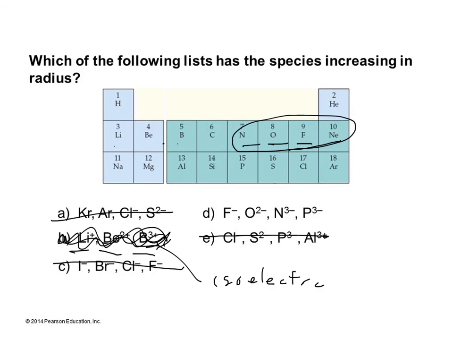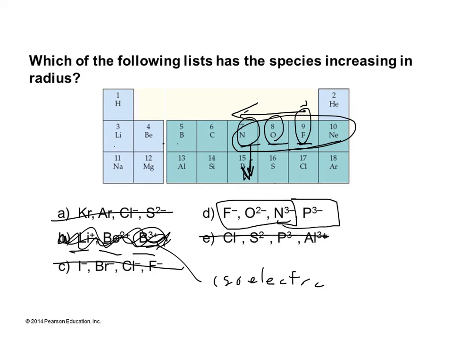We said that atomic radius decreases with increasing atomic number. So its atomic radius is going to be larger in that direction. So fluoride's going to be the smallest, then oxide, then nitride. So hey, those guys are in the right order. Now it's just a matter of phosphide. Well, phosphide's right below nitrogen, and as we go down, we increase in size. So boom, D is our correct answer in the right order.